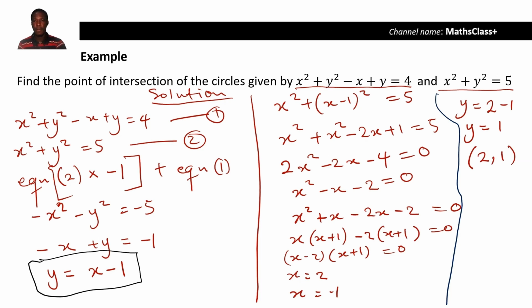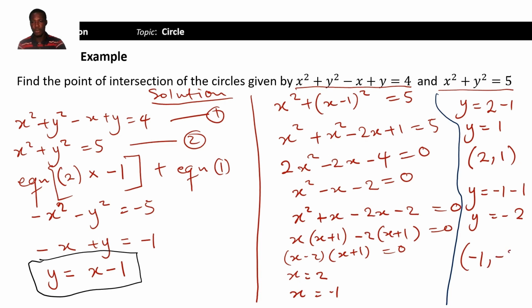And then if x is equal to negative 1, then y will be equal to negative 1 minus 1, which will give me y is equal to negative 2. And that will also give me the point negative 1, negative 2. And that is it.